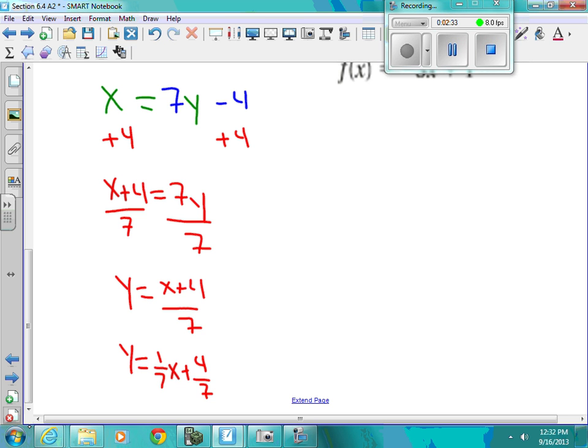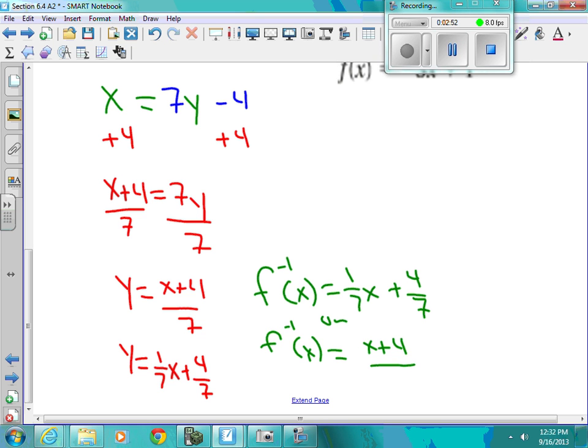So the best fancy way to write it would be the inverse of f, or f to the -1, equals 1/7 x plus 4/7. Or if you left it without separating them, (x plus 4) divided by 7. Okay, so that's how you find inverses.